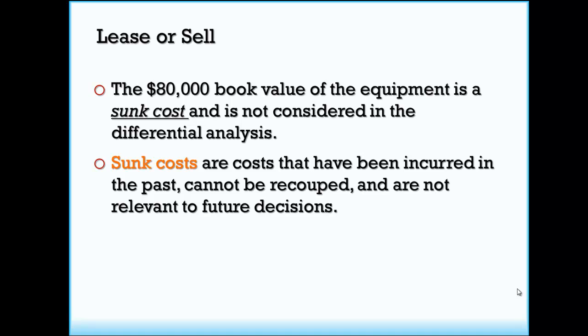But keep in mind that the $80,000 book value of the equipment is a sunk cost because the equipment's already been purchased, and yes, we are depreciating it, but we've already purchased the item, so that's water under the bridge. And sunk costs that have been incurred in the past cannot be recouped and are thus not relevant to future decisions.